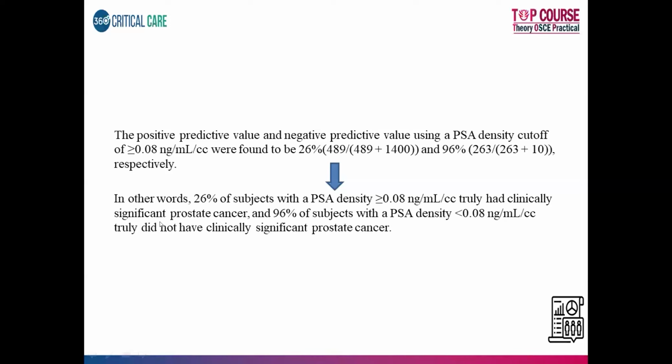So what does that mean? 26% of subjects with a PSA density of greater than or equal to 0.08 truly had clinically significant prostate cancer, whereas 96% of patients with a PSA density of less than 0.08 truly did not have clinically significant prostate cancer. So this is about the positive predictive value and negative predictive value.